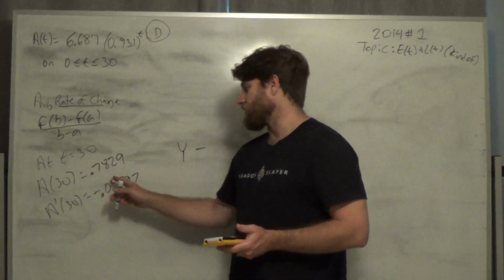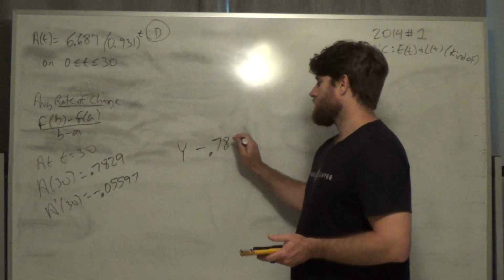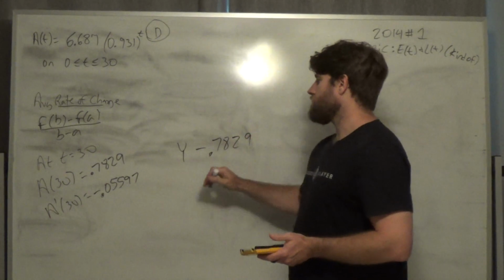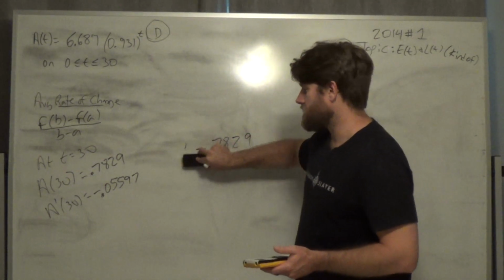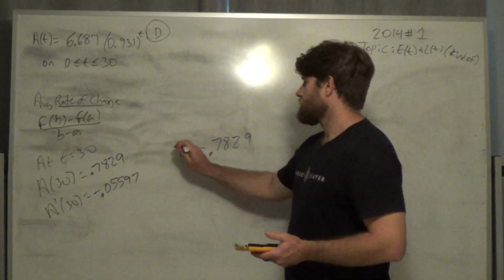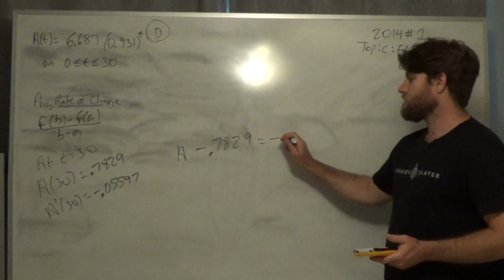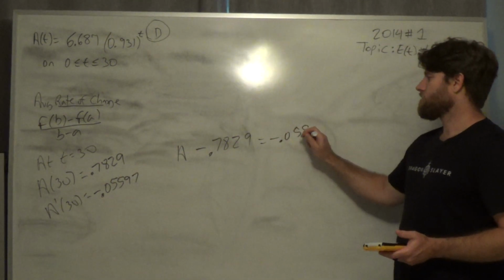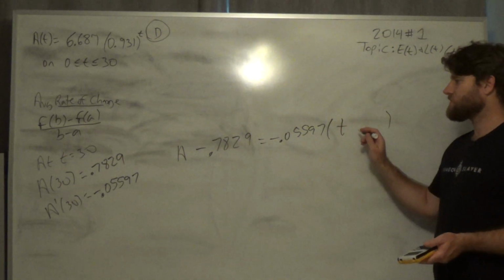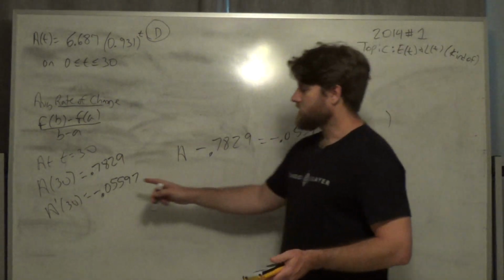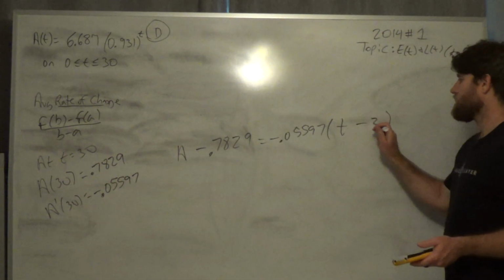But here in this problem, my y's are actually A's. Equals m, the slope, and then x minus x1. But instead of an x, we're using t, so t minus t1. So it's y minus y1 equals m times x minus x1, t minus 30.